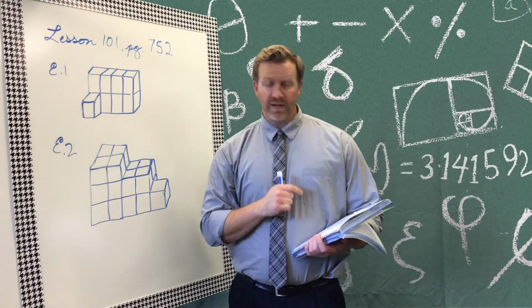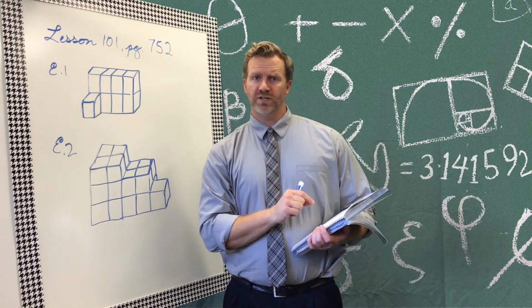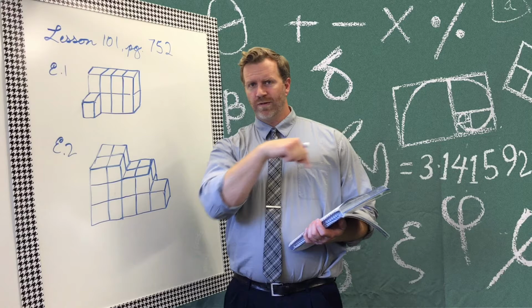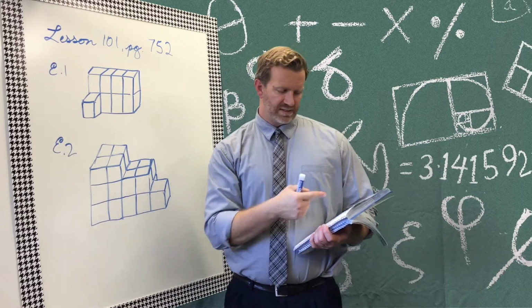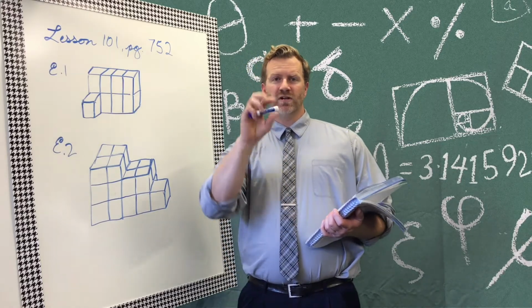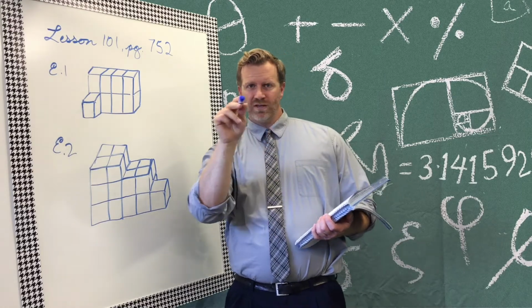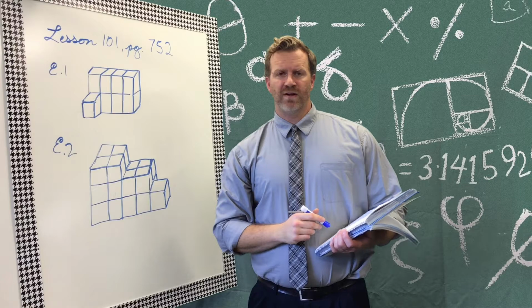Now let's look at this one in the book. So you got that blue shape right there. If you look at it from the top, it would be a perfect square with 4 boxes by 4 boxes, 16 boxes in there. Now if you took that shape and twisted it and looked at it directly from the front, it would make that U shape where it says front right there.